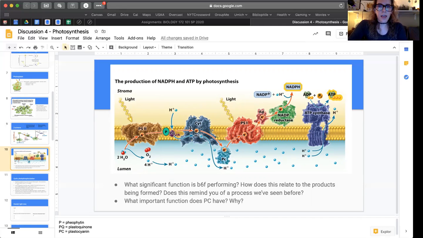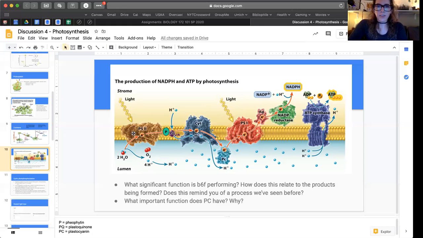And so now, after we had the cytochrome that's pushing in these hydrogens, we transfer the electrons to PC, which is plastocyanin. And the really important thing about plastocyanin is that we can see by its structure that it's not actually attached to this membrane. And this figure is kind of an exaggeration in terms of how close these photosystems are to each other.